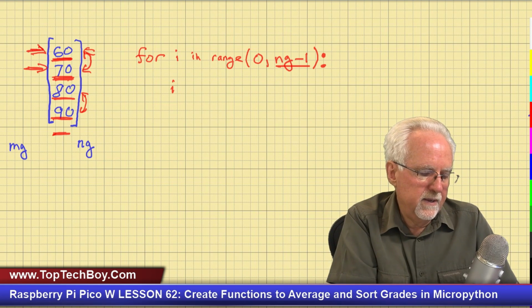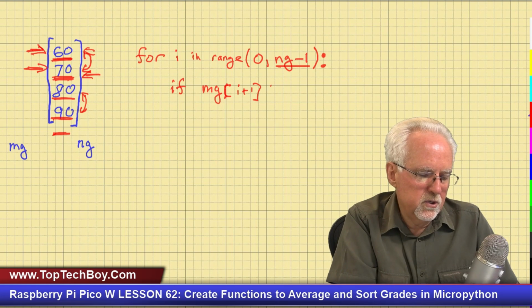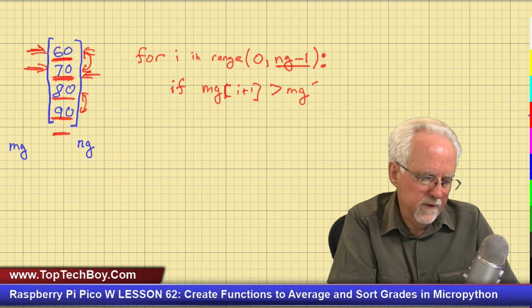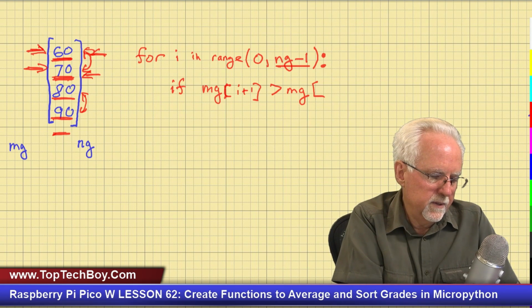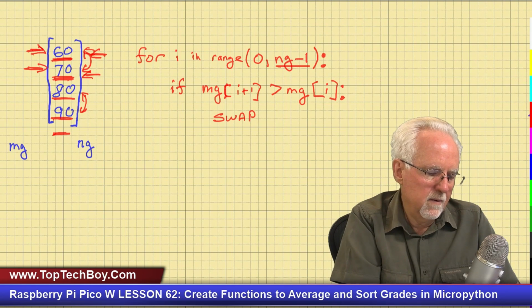So I'm going to say if IMG of the next one, which is I plus 1, that's this one, is greater than IMG of this one, so that would be I, then I want to swap this one for this one.